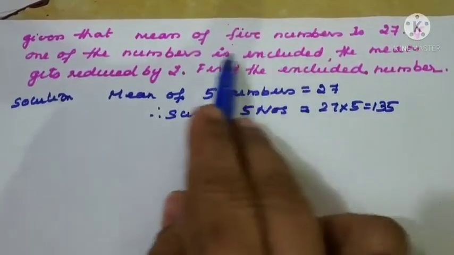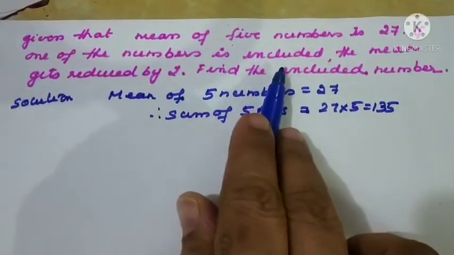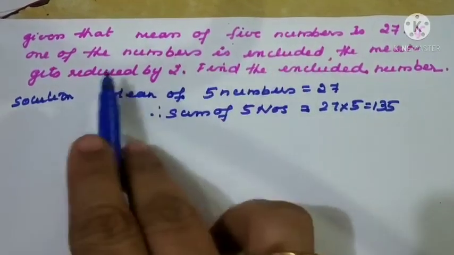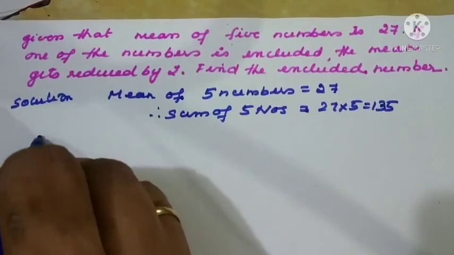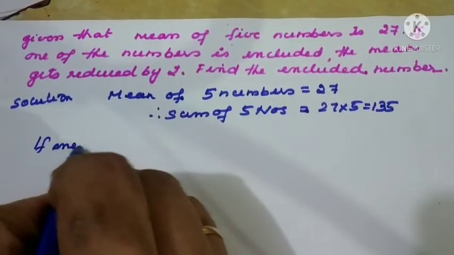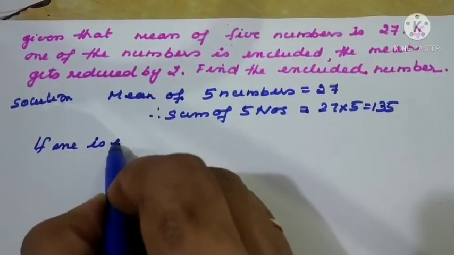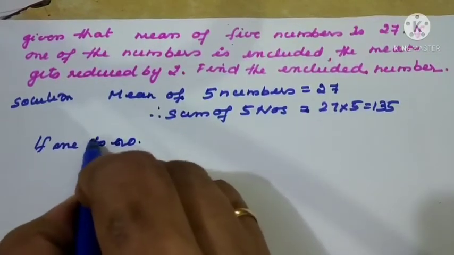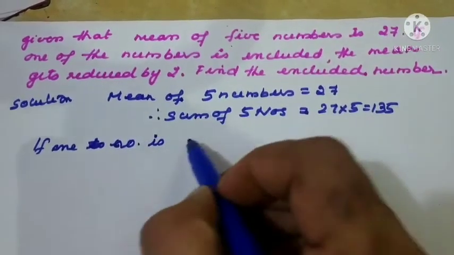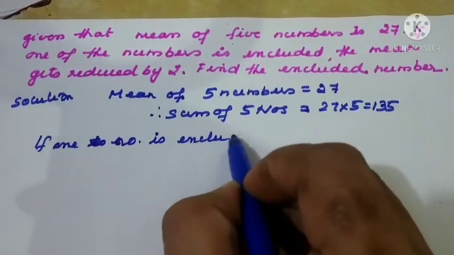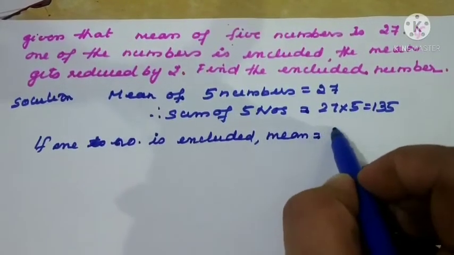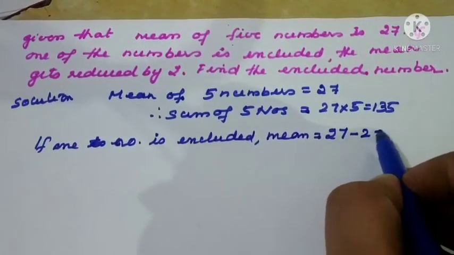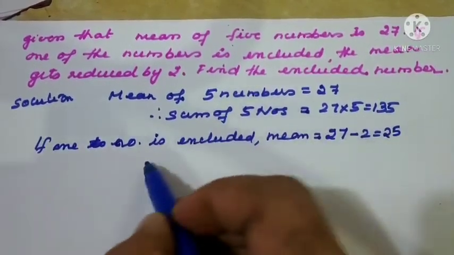Now what is the next part? One number is excluded, the mean gets reduced by 2. So if one number is excluded, then mean equal to 27 minus 2 equal to 25.